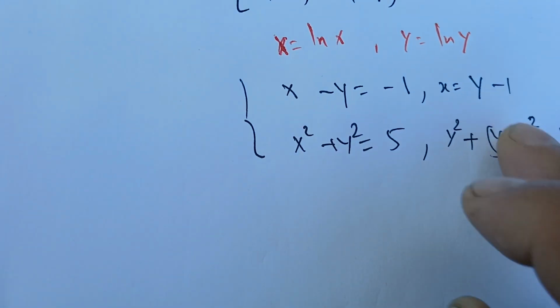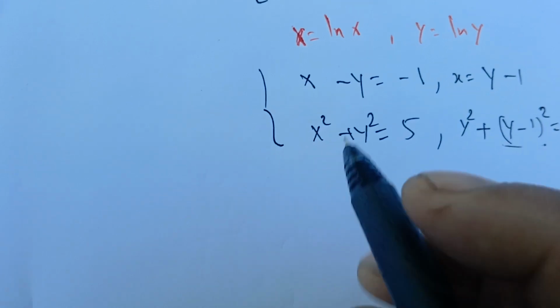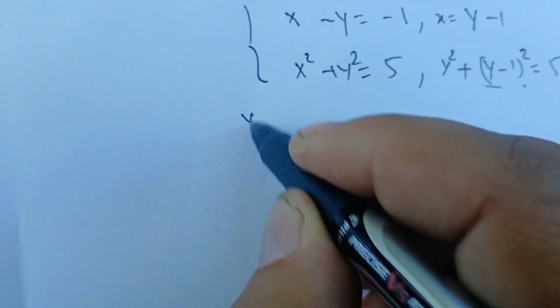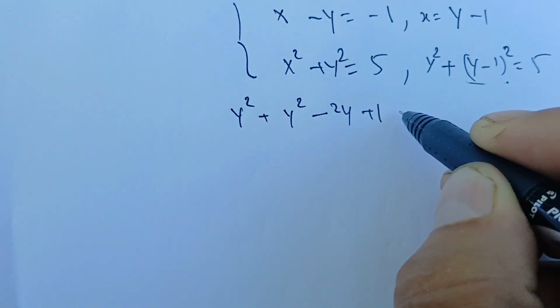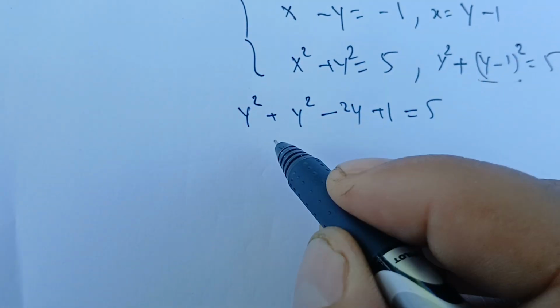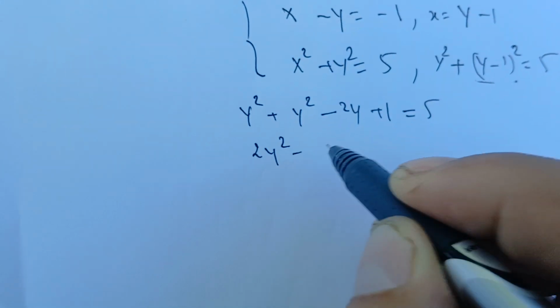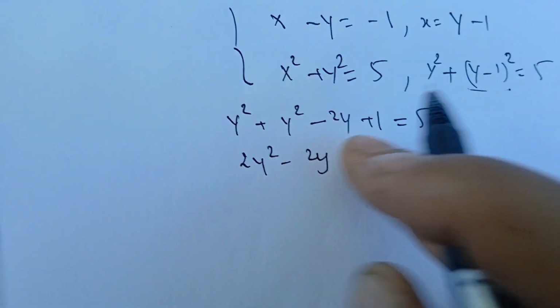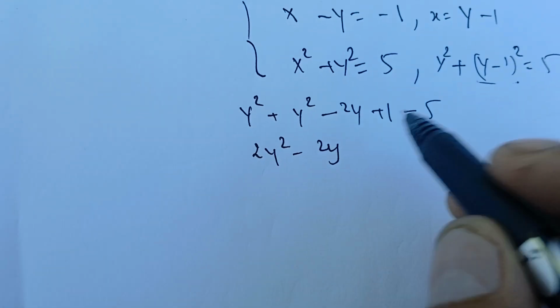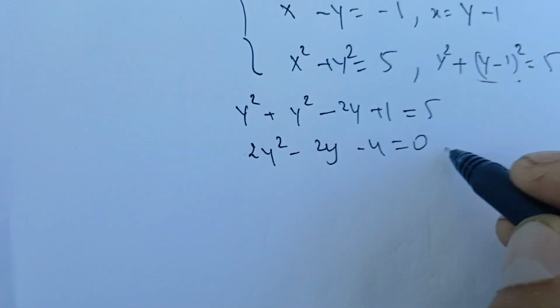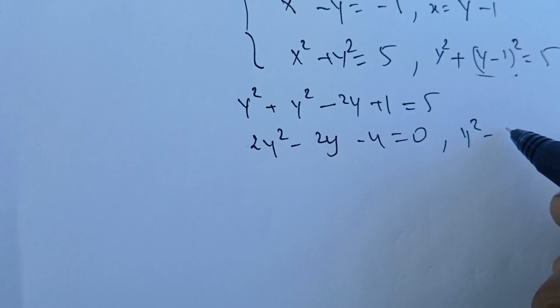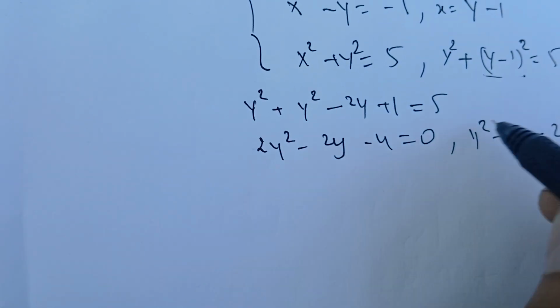So now we're going to expand this one here and we see what we can get. So we have Y squared plus Y squared minus 2Y plus 1 equals 5. So we get 2Y squared minus 2Y. I'm going to add minus 5 to both sides, and I get minus 4 equals 0. And I divide everything by 2 to get Y squared minus Y minus 2 equals 0.